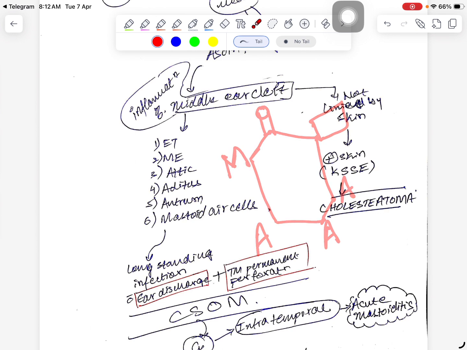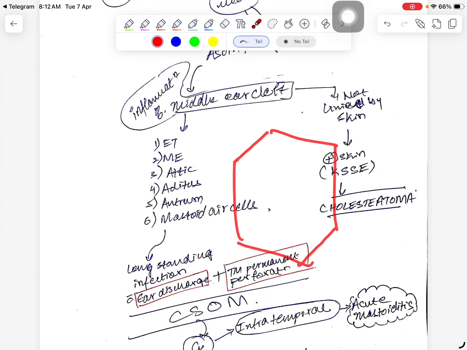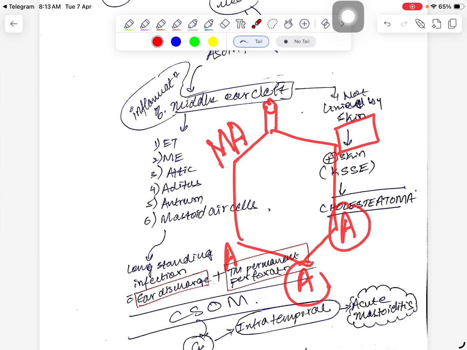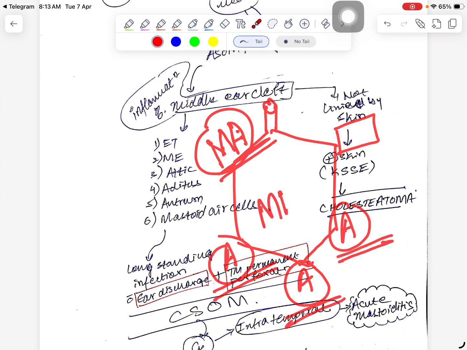You can also remember it by A's: 4 A's, that is air cell, antrum, aditus and attic. Altogether they make up the middle ear cleft.